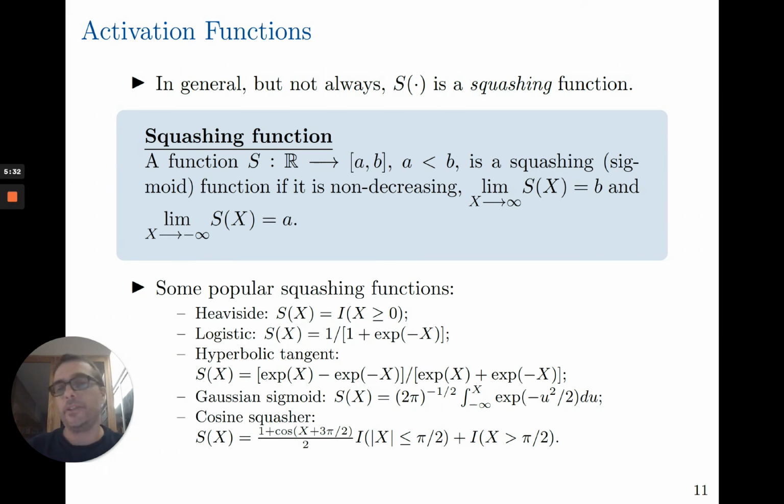Some popular squashing functions: the Heaviside step function, logistic, hyperbolic tangent, Gaussian sigmoid, cosine squasher, all of them. Basically, the most used ones, at least in the early days, are these 2.